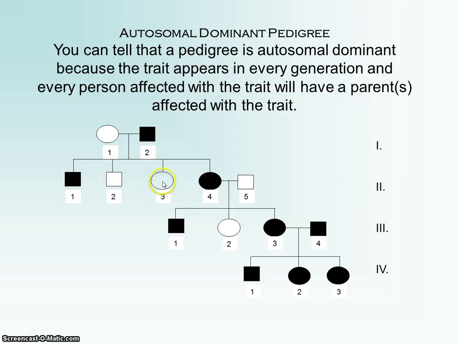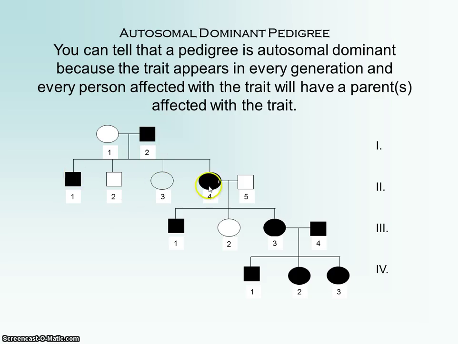So the only way that's going to work, if 2 of the kids don't have it and it's autosomal dominant, is for both of those children to have received the recessive trait from each parent. So that means child number 2 and child number 3 should both be recessive, little a. That means that dad must be heterozygous, carrying the trait and it's showing up in his phenotype, plus carrying the recessive trait.